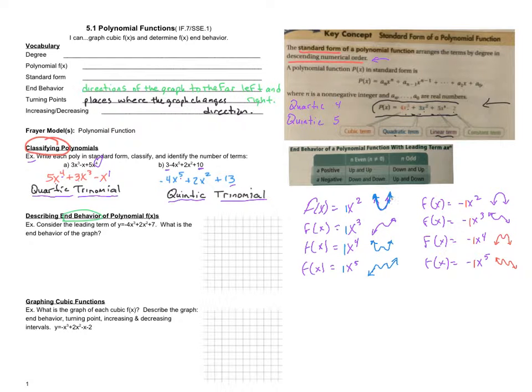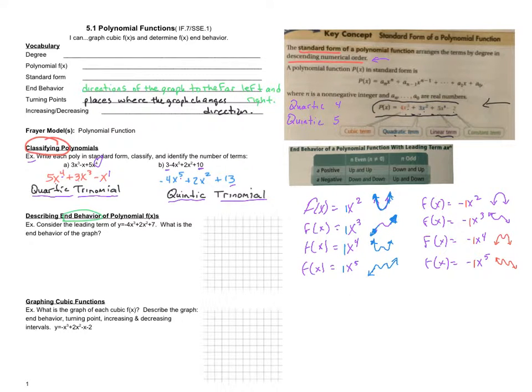As it goes to the far right, it is going upward. And for x cubed, its end behavior is going to be down, up, because as we go to the far left, or negative, the function continues going downward along the coordinate plane, and then as we go to the right, the function is going upward in a positive direction.